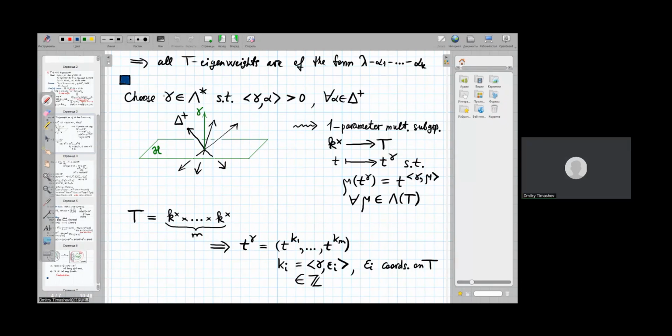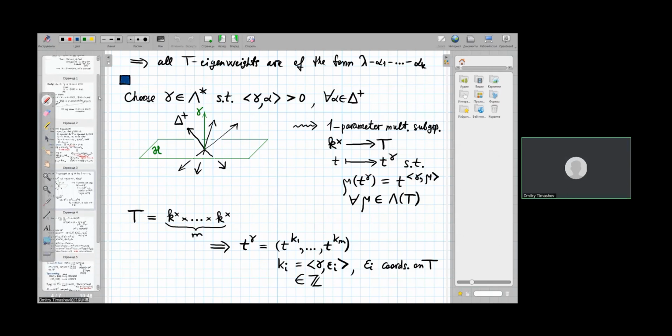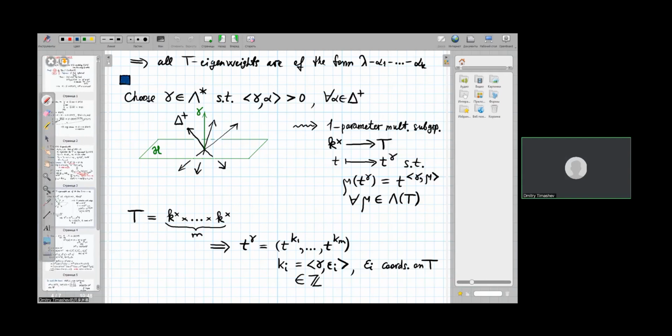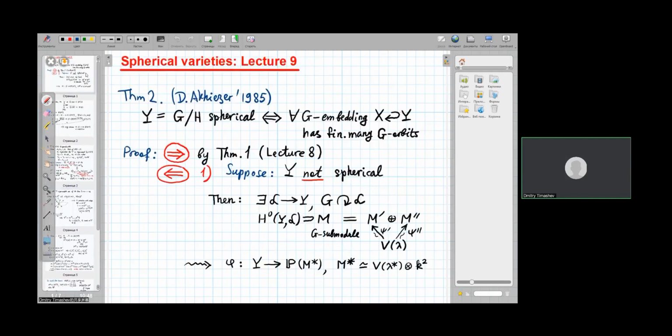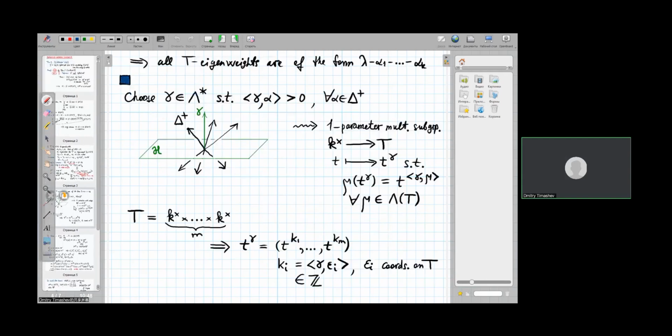So this is the notation from lecture 9, which describes this power notation for one-parameter multiplicative subgroups.